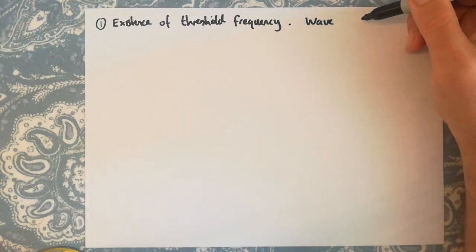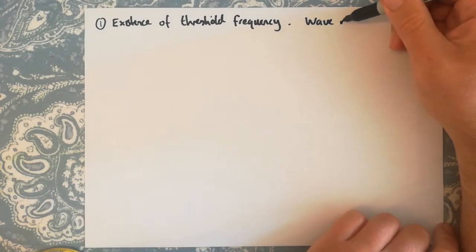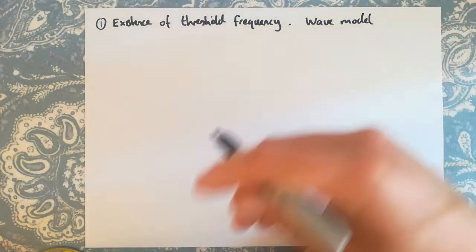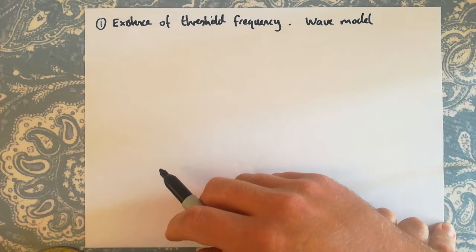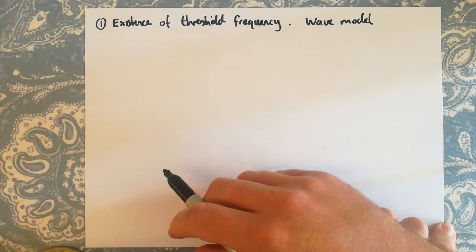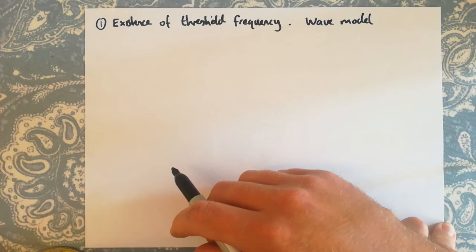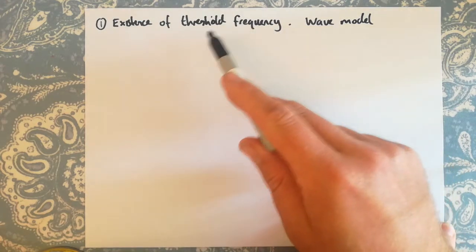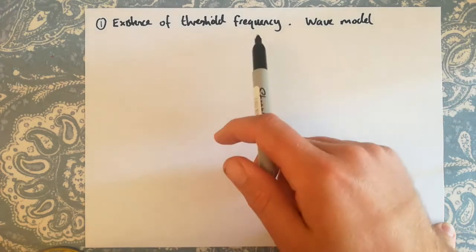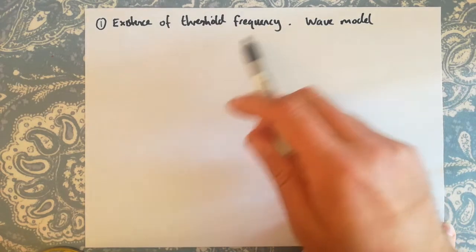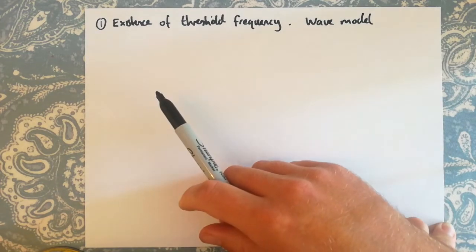if you remember back to the first video, we said that if we think about light as an electromagnetic wave, the intensity of the light, the energy delivered by the light per unit area onto a surface per second, does not depend on the frequency of the wave. So the fact that we see different effects if we are changing the frequency, we can't explain that using the wave model.